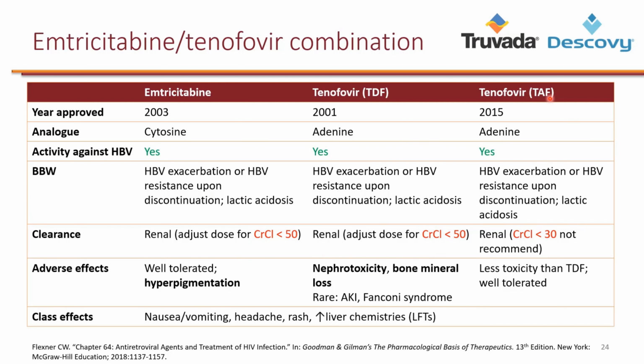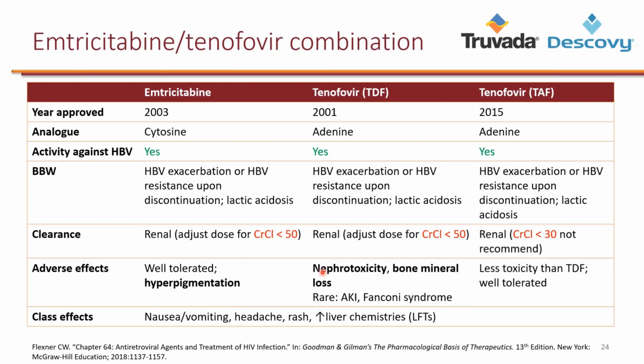TAF, or tenofovir alafenamide, is a newer formulation of tenofovir, which actually has a lower creatinine clearance cutoff, so you can still use it in some patients with CKD. Generally speaking, these drugs are very well tolerated. Emtricitabine specifically can cause hyperpigmentation.